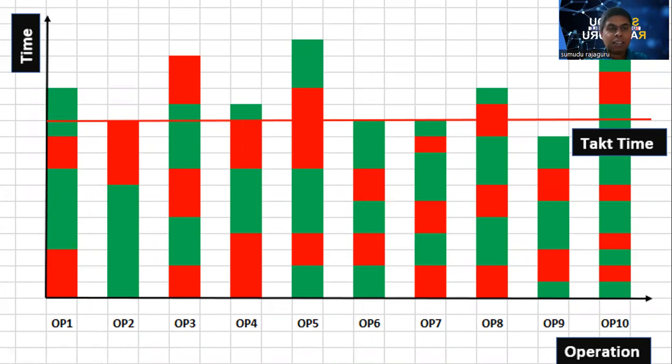So our task is to identify the non-value adding portion, act on the non-value adding process, and eliminate or reduce it. Then only can we reduce the bottleneck and balance the line for smooth flow.